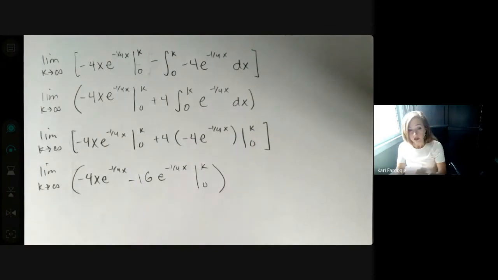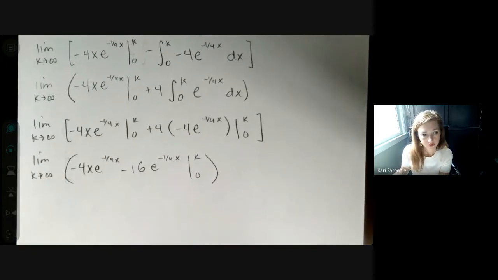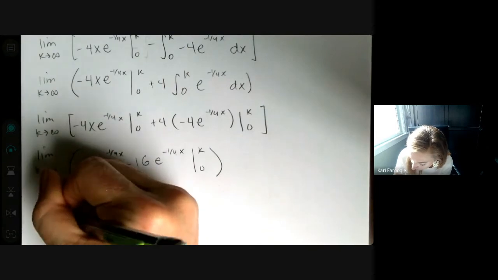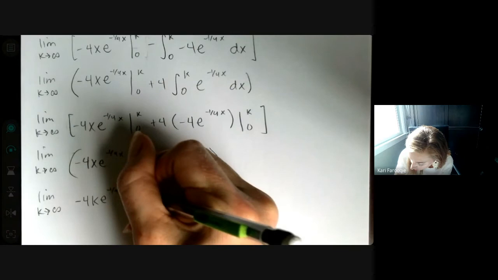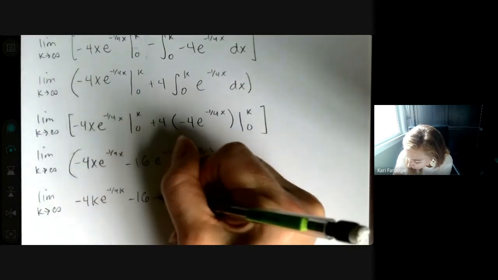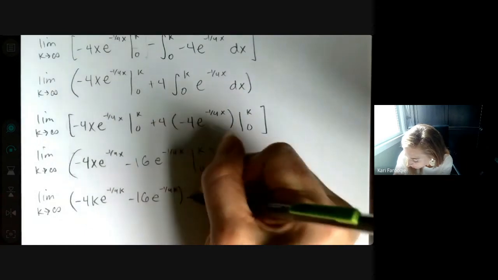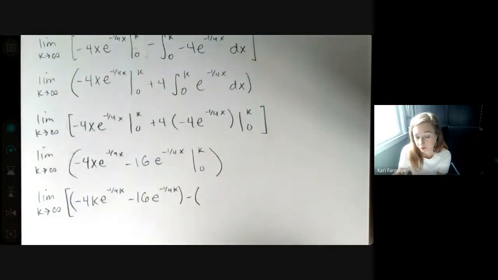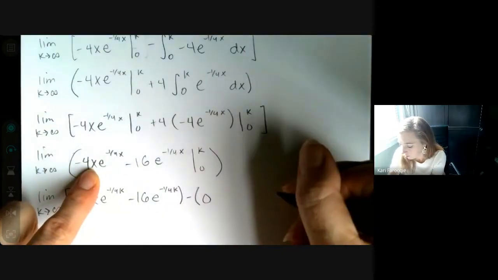All right, now I'm going to use the FTC, and then evaluate the limit. So we'll go ahead and get this written in terms of k. So negative 4k e to the negative 1/4 k minus 16e to the negative 1/4 k minus, and then we'll subtract off the two terms that go with your lower limit. When you multiply here by 0, you're going to get 0 for that term.